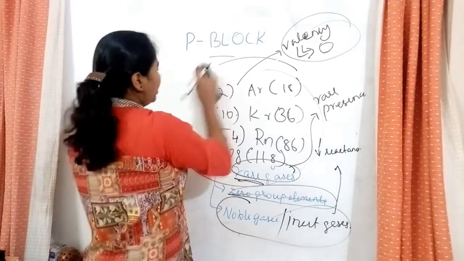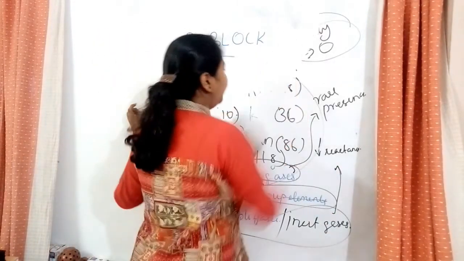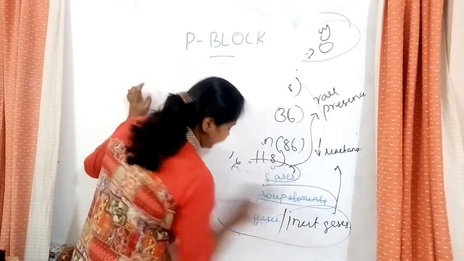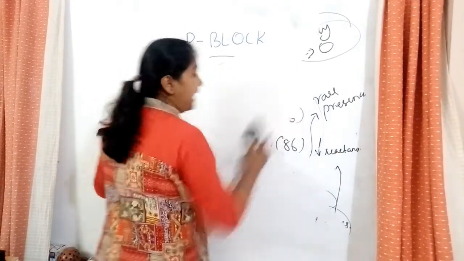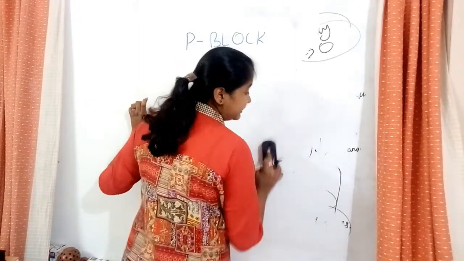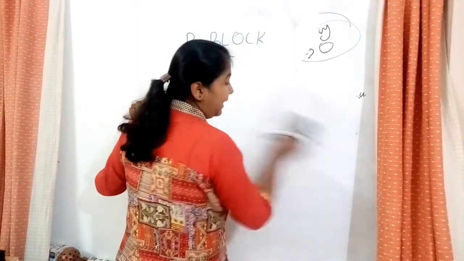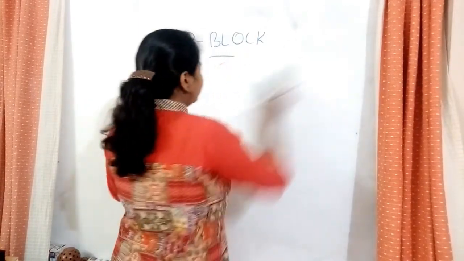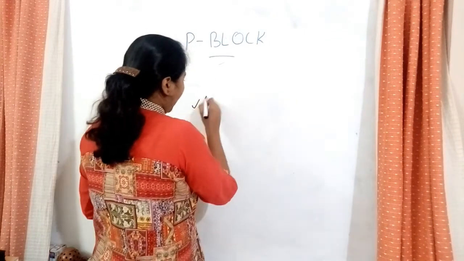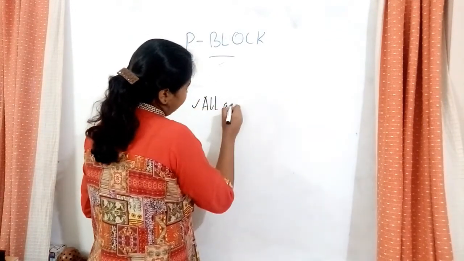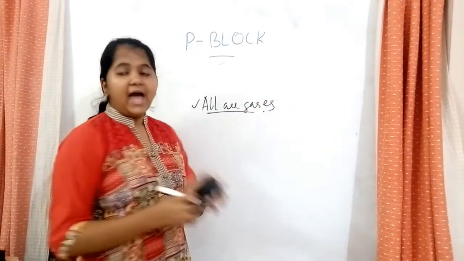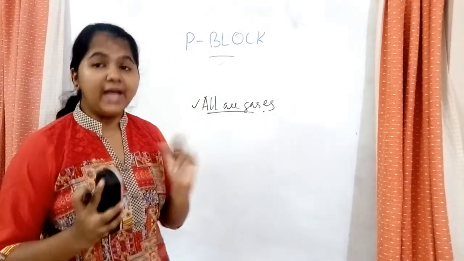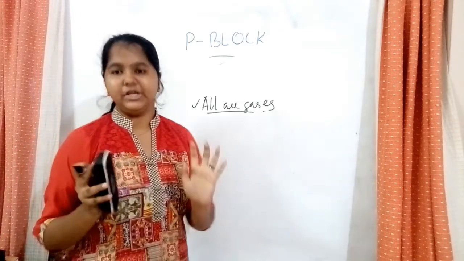And to talk about some of the properties, let's see what all are the properties that we have to learn. By the way, all these inert or noble gases or zero group elements are gases. Note this point, it's important. And last thing is, we have to learn about the formation of compounds.